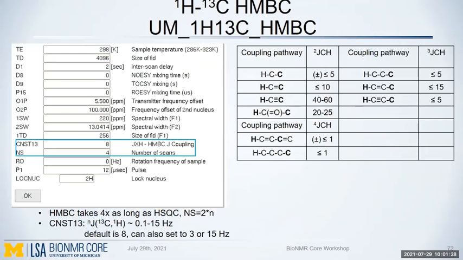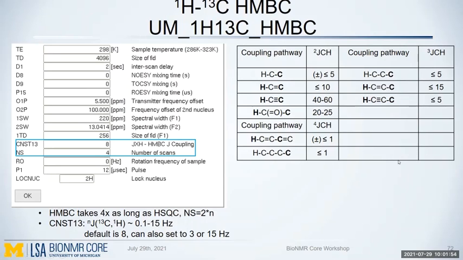And then in the HMBC experiment, there's actually a very important parameter. That's the constant 13. This is a long-range J coupling constant for HMBC. This value is set to 8 to cover most of those J coupling constants, but you can actually increase or decrease this value depending on your sample's J coupling constant.